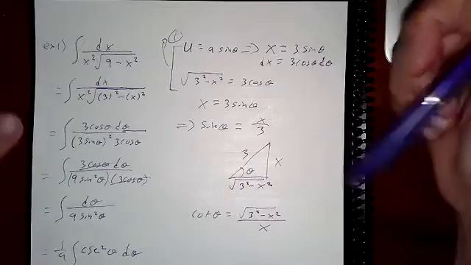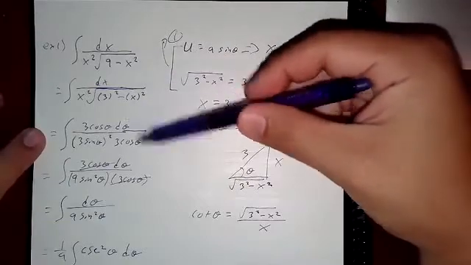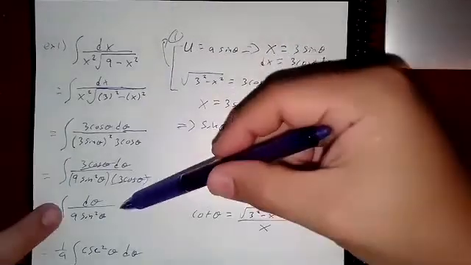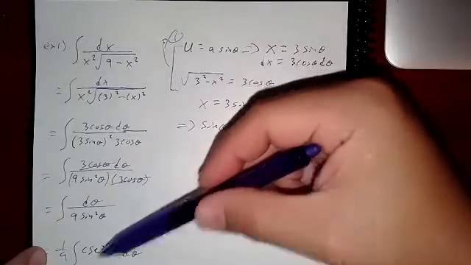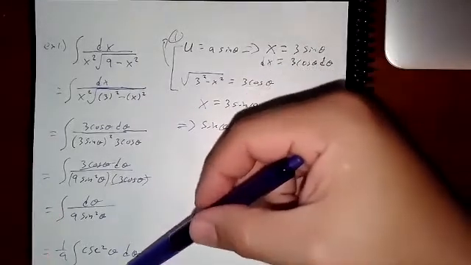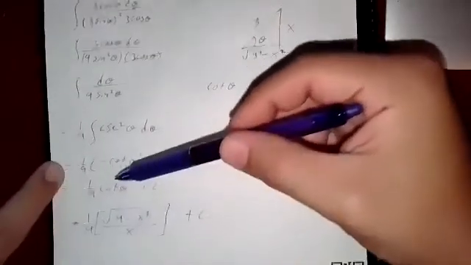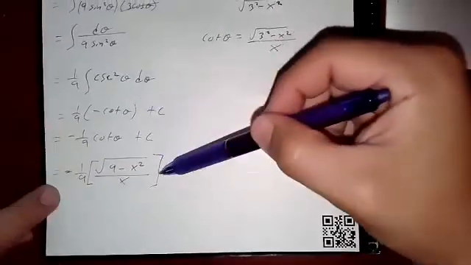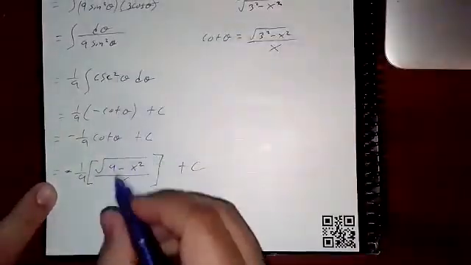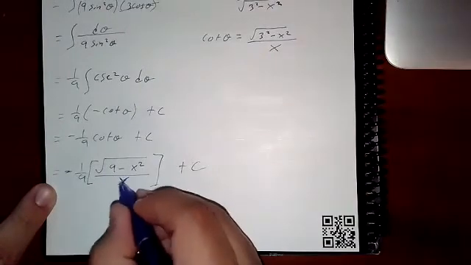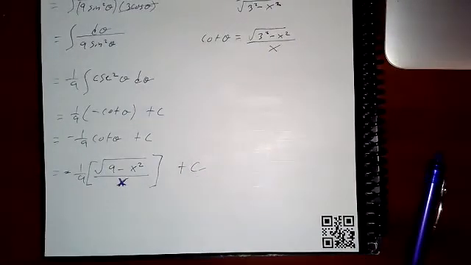But anyway, so you do all the sub. These cosines cancel. We change that to cosecant. We know the integral of cosecant is negative cotangent. At that point, you just bring it back to x, and you're done. So it's just like u sub, you bring it back. It's just that you need to deal with your trig now.